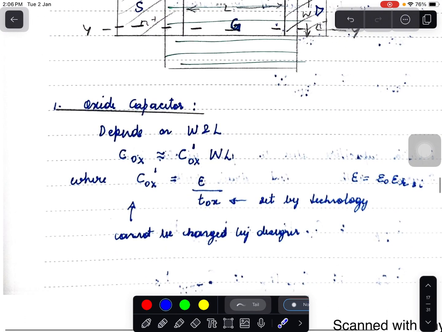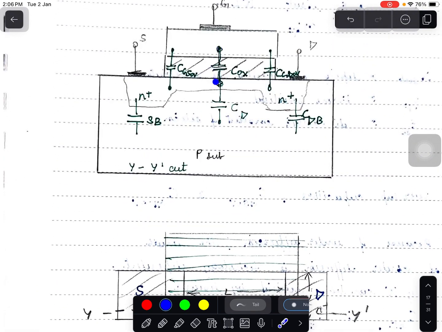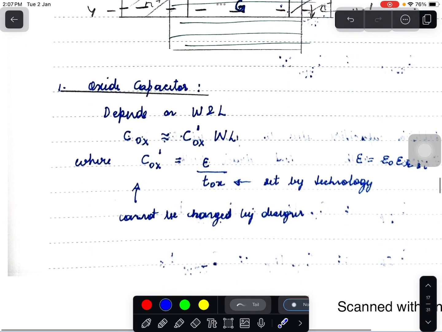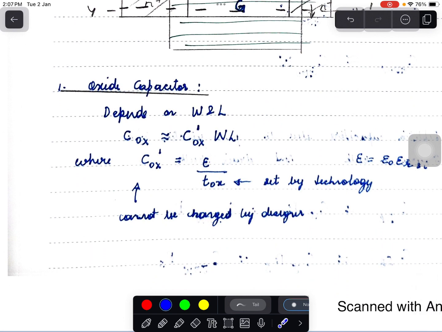So the oxide capacitance, that is the COX capacitance, what is it dependent on? We know the capacitance C equals epsilon naught epsilon r A by T, where A is the area of the capacitor plate and T is the thickness of the dielectric.